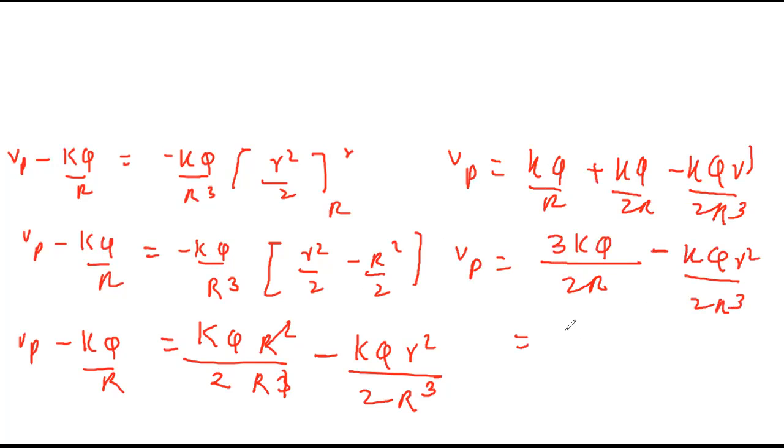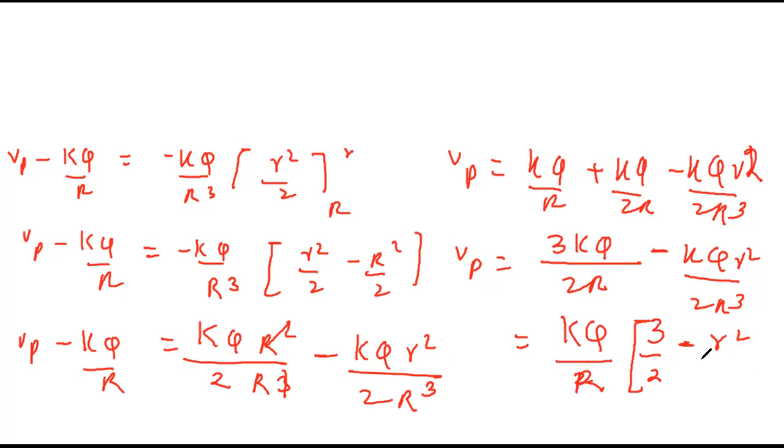So this equals KQ, I am taking common 2R, capital R I am taking common. So inside we'll get 3 by 2 first term minus of r square.